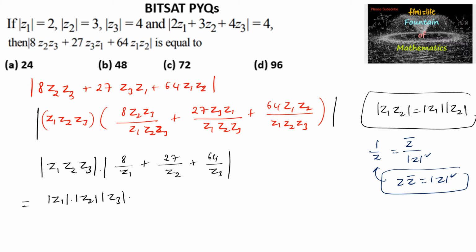So 8 upon z1 we can write as 8 into z1 bar divided by mod z1 square, and again plus 27 times 1 upon z2 can be taken as z2 bar divided by mod z2 whole square, and again plus 64 times z3 bar divided by mod z3 square.